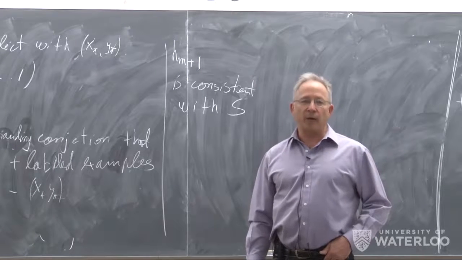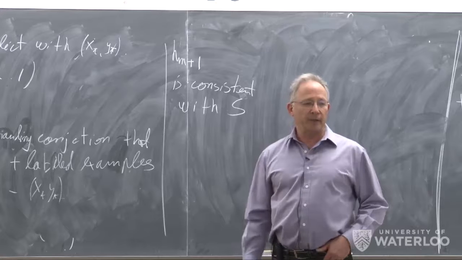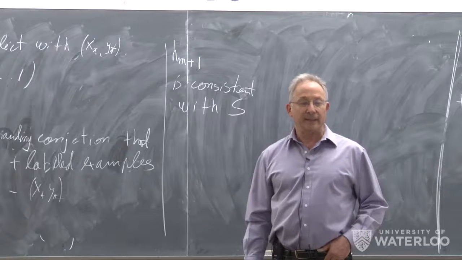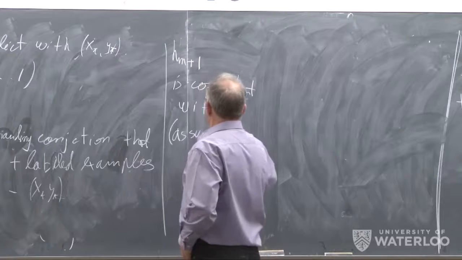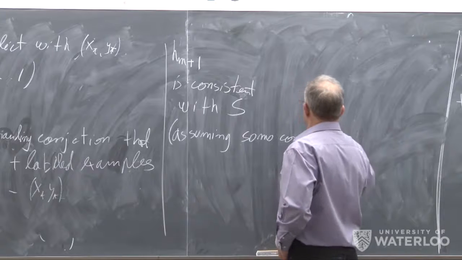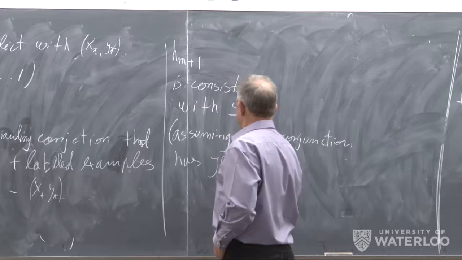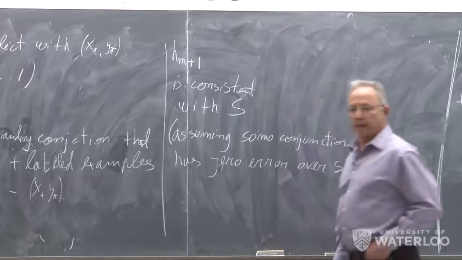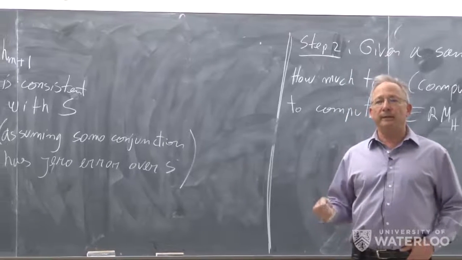Right, but how do I guarantee that negatives don't start passing? I have to add an assumption here. Yes? You assume that S only contains unique ones. Not unique ones, but this is assuming that some conjunction has 0 error over S. Because I have the most demanding one that accepts all the ones.